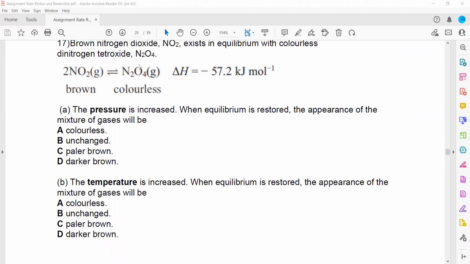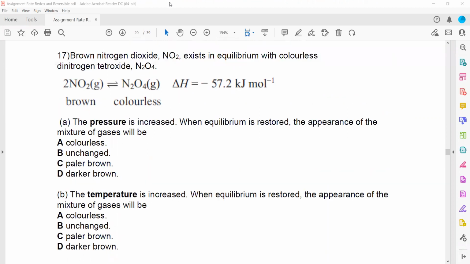In question 17, brown nitrogen dioxide exists in equilibrium with colorless dinitrogen tetroxide. Look, when the pressure is increased and the equilibrium is restored, what is the appearance of the mixture? If the pressure increases, the equilibrium will shift toward the right-hand side.